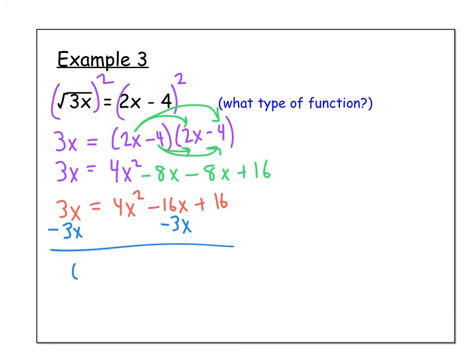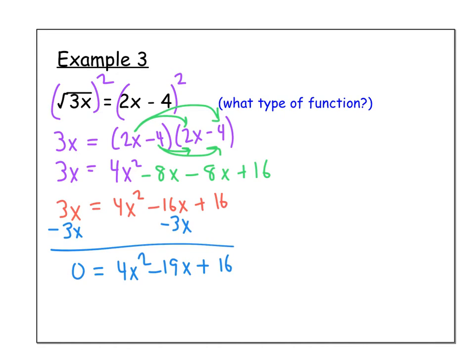So if we subtract 3x, we will get something in standard quadratic form, which will allow us to use the quadratic formula. We have factoring and some other options we can try, but in this case, it looks kind of messy to me.